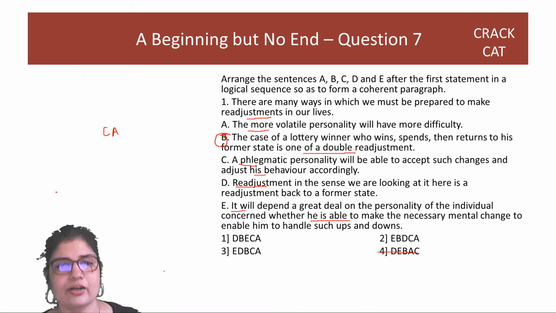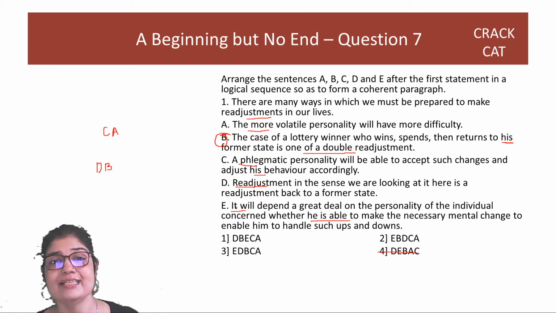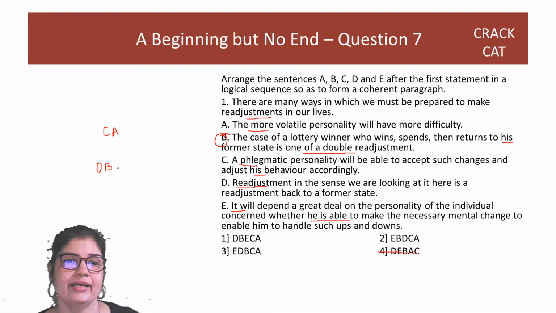So you will start off with D because D gives the definition. Then there will be B because B talks about the lottery winner, where the pronoun his comes for the first time, right? And we know that CA is a link, and E says it depends on the personality, and then C and A explains that, right?